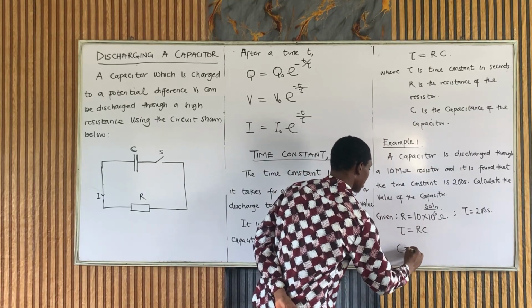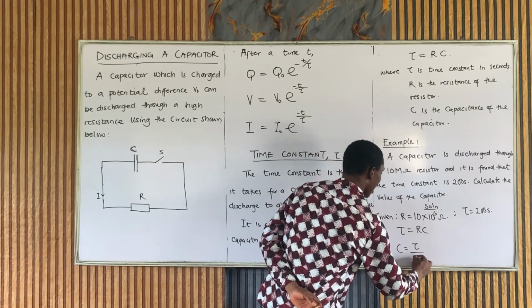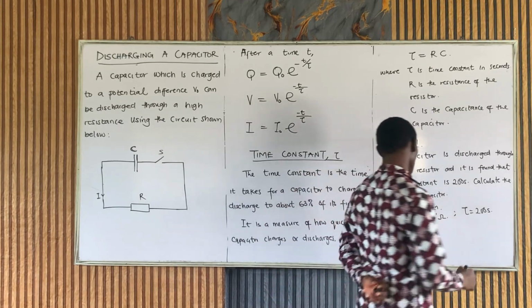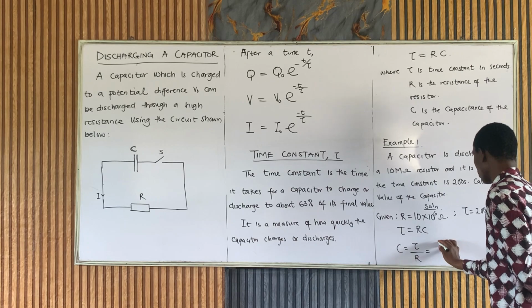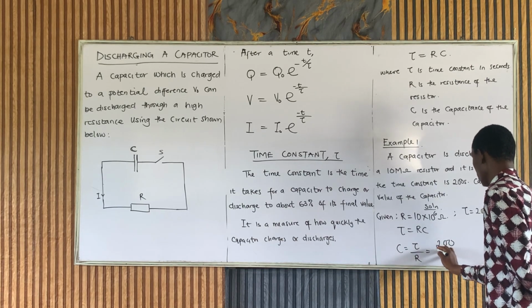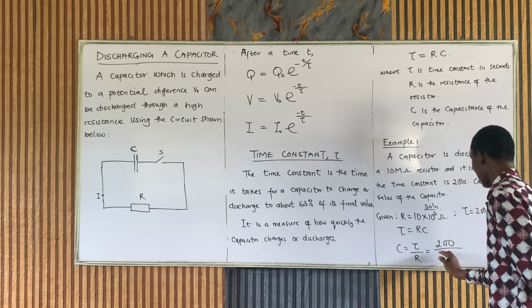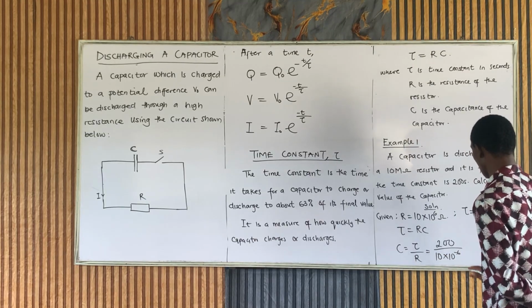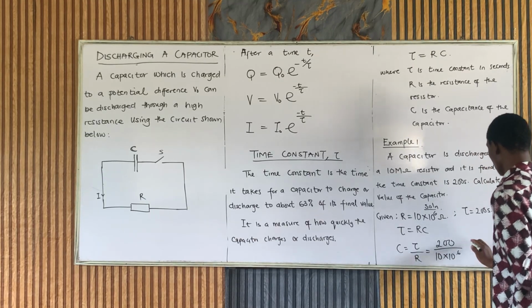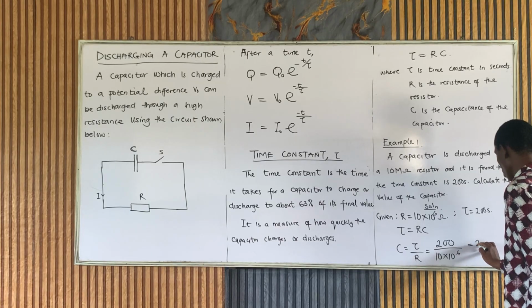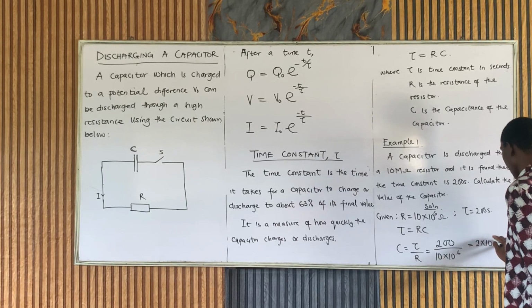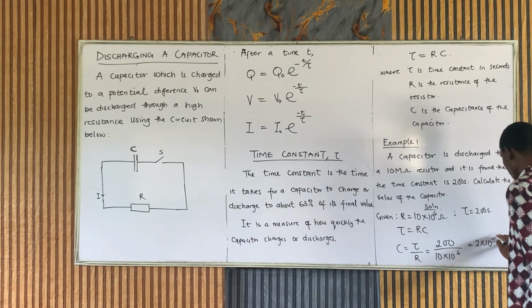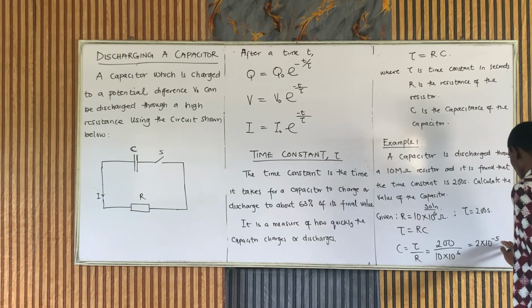So we can say C itself is equal to tau over R. So our tau is given as 200 over our resistance, 10 times 10 raised to the power 6. So this will simply give us 2 times 10 raised to the power minus 5 farad.